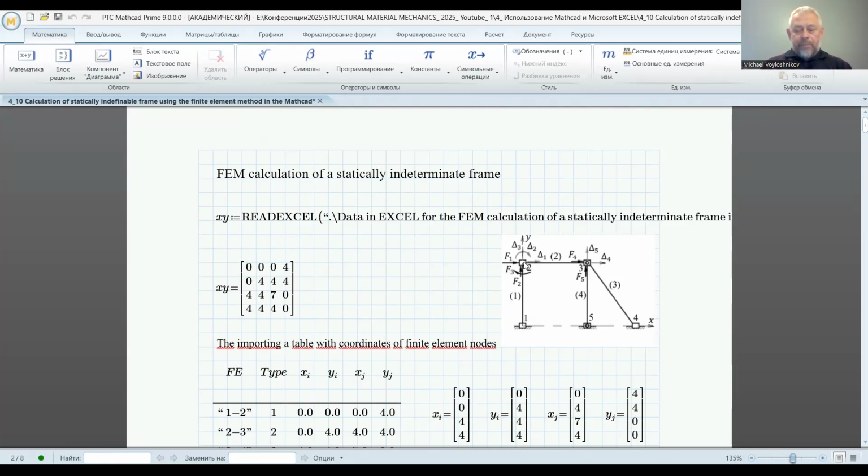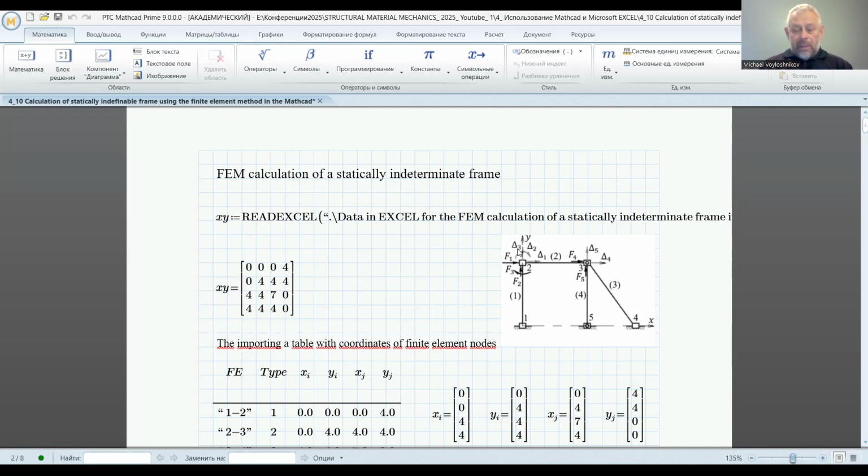So now, considering the discrete model of the mechanical system, we have to find the displacements of the nodes. The node 2 horizontal displacement delta 1, the vertical displacement of the same node 2, delta 2, and the angular displacement of the bending of the rigid corner 2, delta 3.